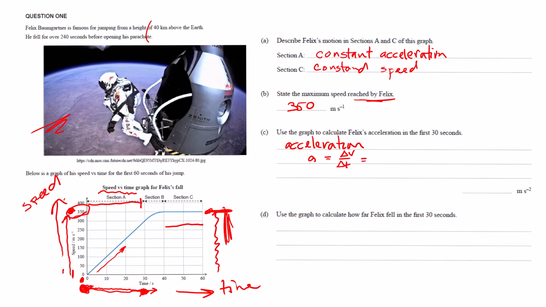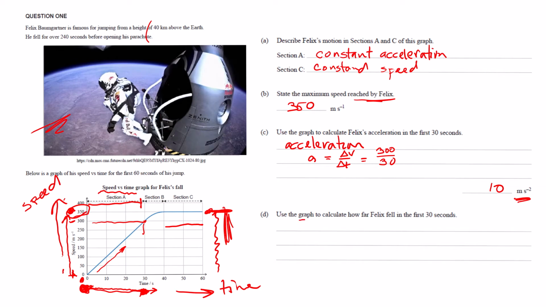The change in speed from 0 to 30, it goes from 0 meters per second up to 300. His velocity after 30 seconds is 300 meters per second. So our speed is 300 meters per second divided by the time of 30 seconds. So that gives us an acceleration of 10 meters per second squared. And the units are there for us.